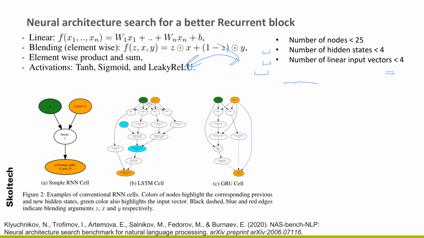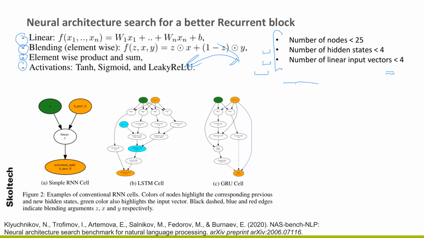Again, we have these simple rules inside the architecture, like the linear part, blending element-wise, what we call the forget and update parts, and also different activations, different element-wise operations. We limit the search space to avoid very large architectures that are hard to train.